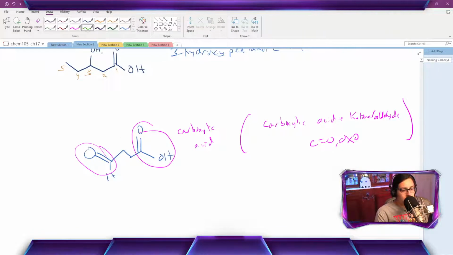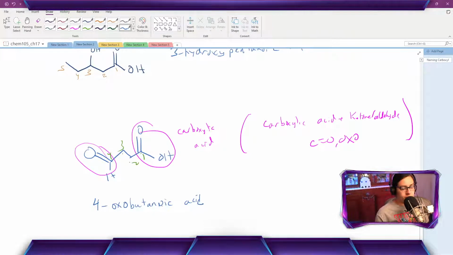And so now let's break this down. So first we need to count our carbons. So 1, 2, 3, 4. So that puts that oxo at that 4 position. So now we would say 4-oxo and then 4 carbons, so butane or butanoic acid.